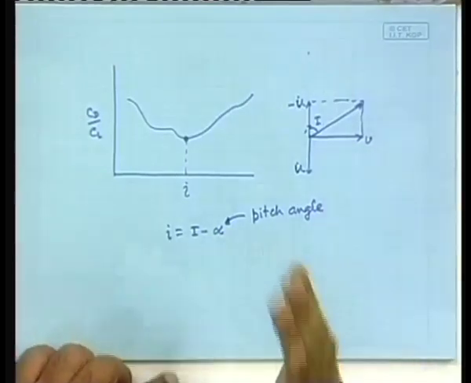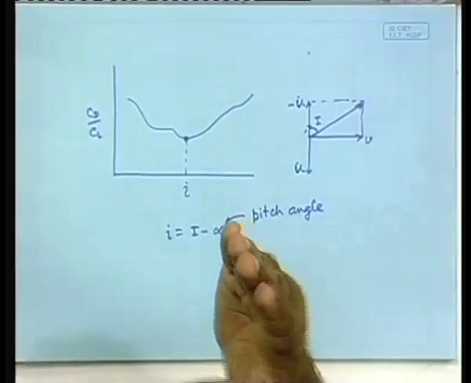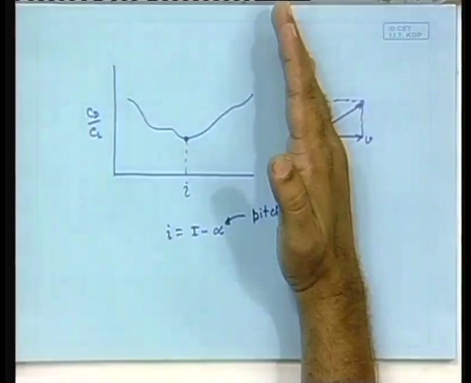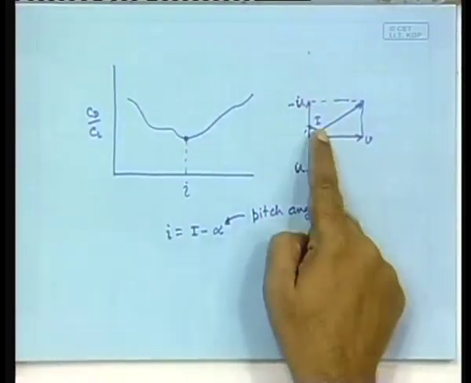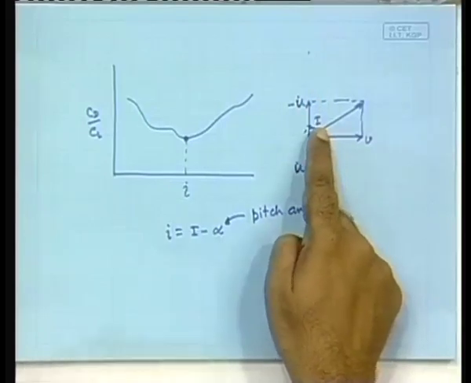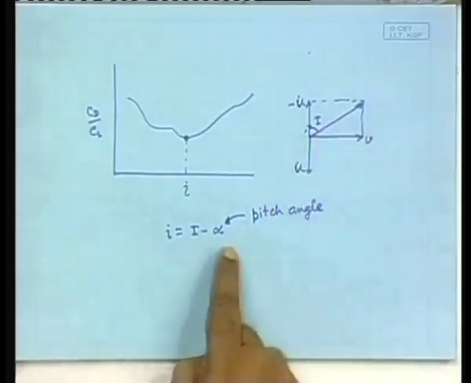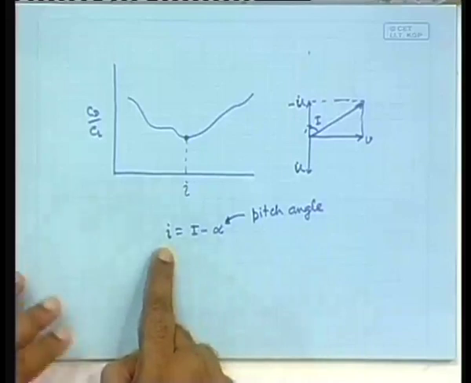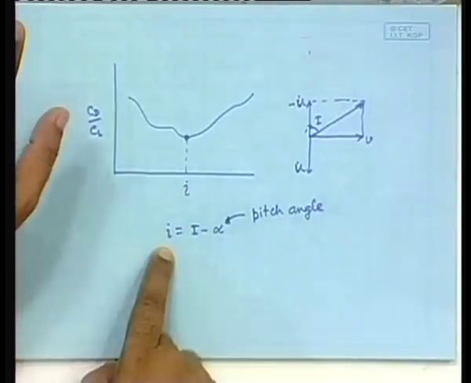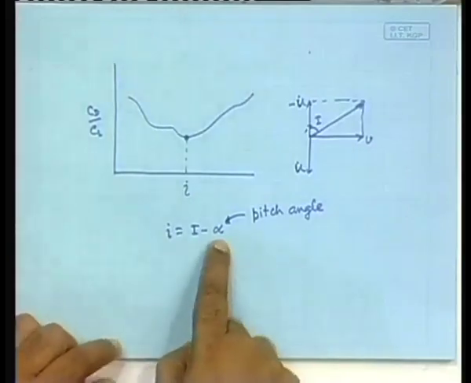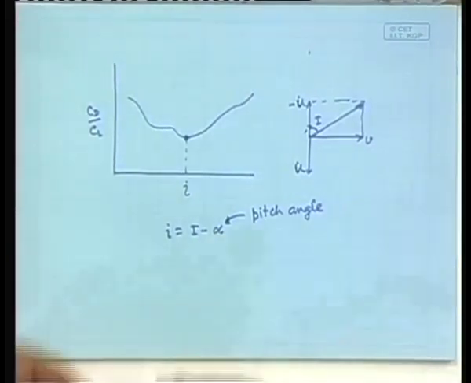Pitch angle is the angle of a blade section with the plane of rotation. Here the plane of rotation is this, here is the angle of the relative wind with the plane of rotation, capital I, and naturally the angle of attack is I minus alpha, and this is what you are trying to keep fixed at the optimal value. So what will you have to do? You have to vary alpha from the inner edge to the outer edge.